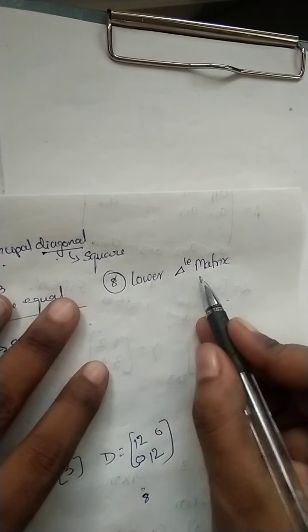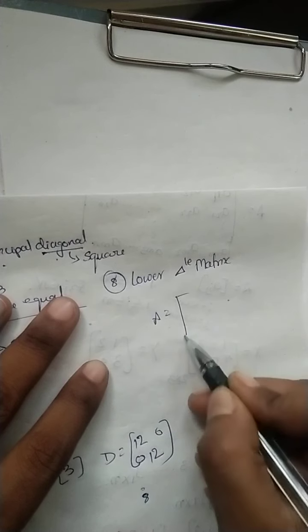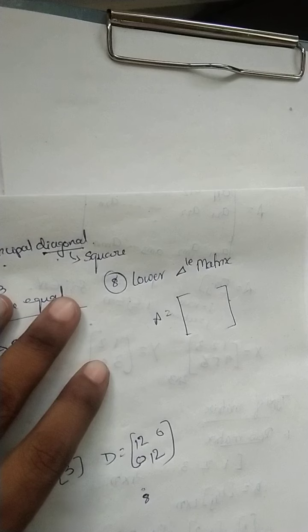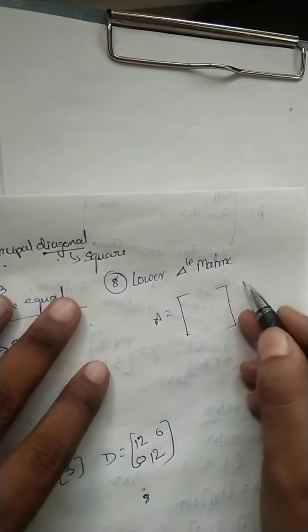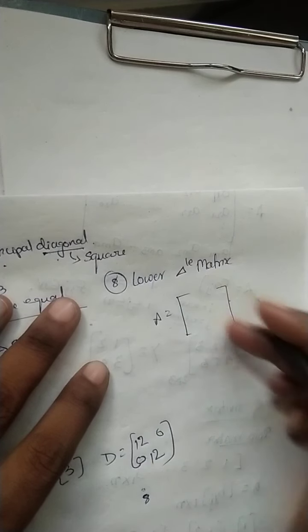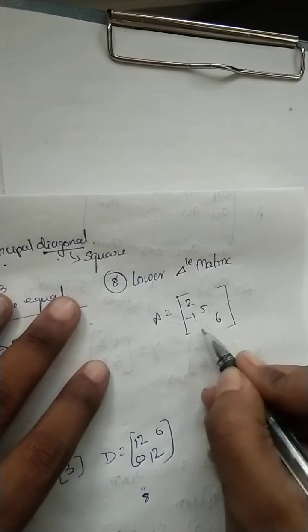The next one is the lower triangular matrix. In this matrix, above the principal diagonal elements, all other values are 0, and below them values are there.